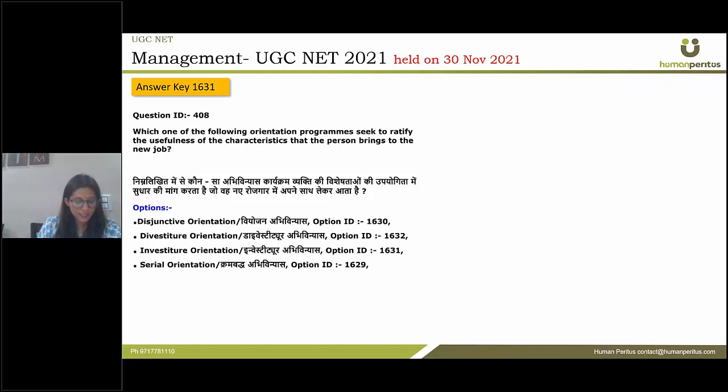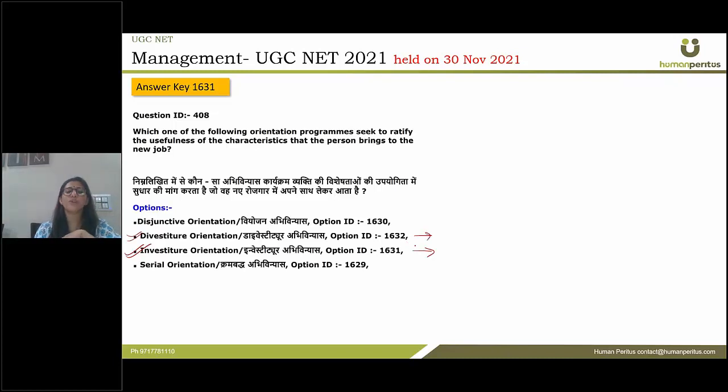So this one is the investiture orientation. Investiture orientation is the kind of orientation program where the person's current skill set or the current characteristics are put to use for making the orientation program for that particular individual. All right. The opposite to this is the divestiture orientation.